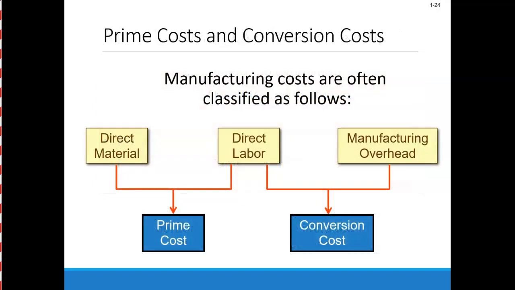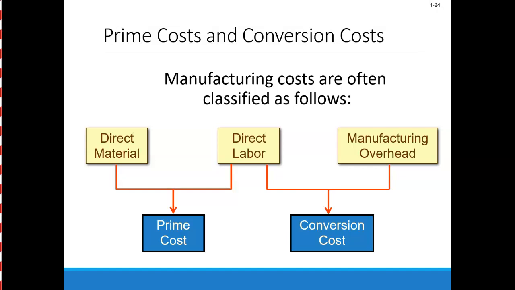Now, so we have direct materials, we have indirect materials, we have direct labor, indirect labor, and we have this big thing called manufacturing overhead that includes everything not directly associated with the product, okay? We also have some cost concepts we want to know about called prime costs and conversion costs.